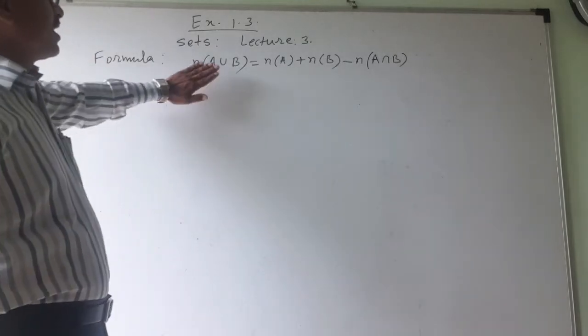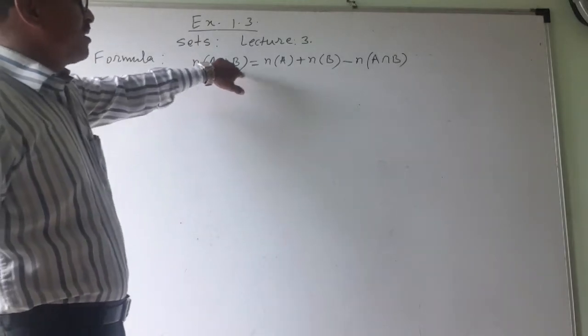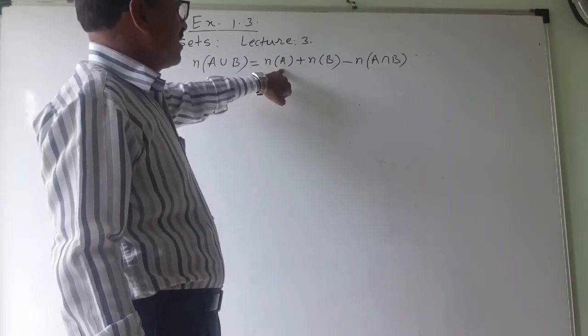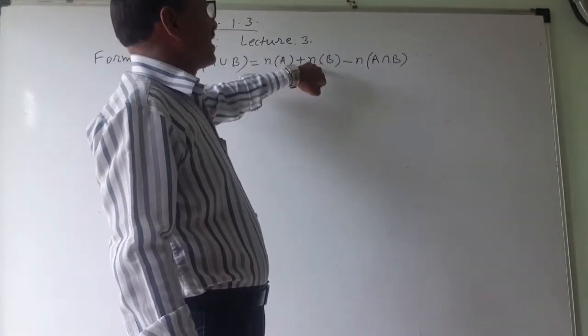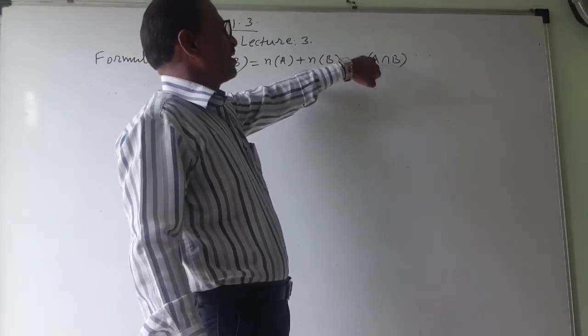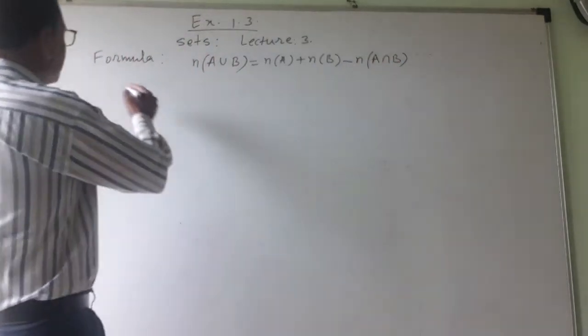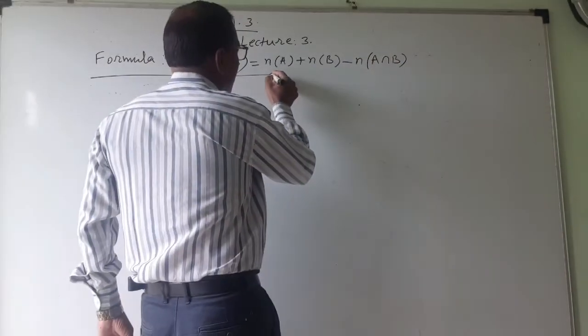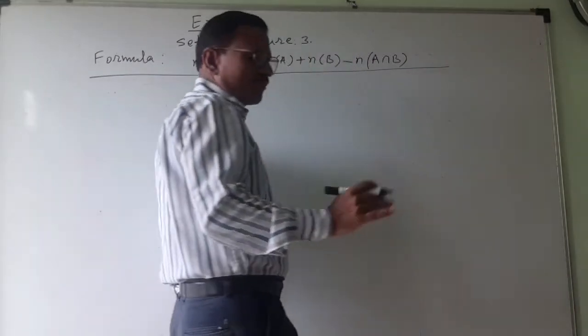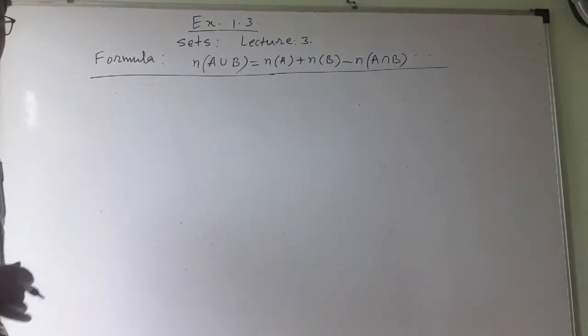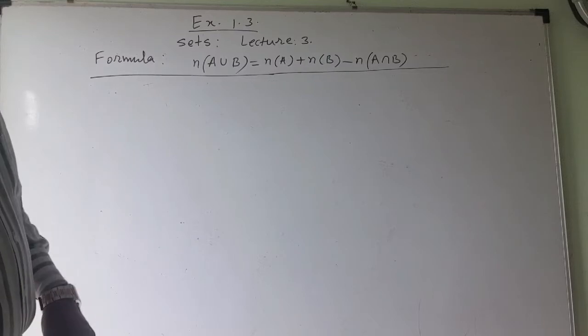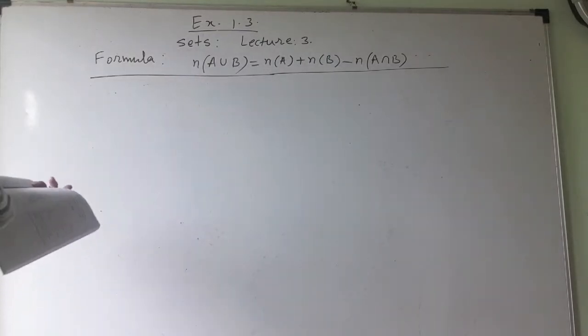This is the number of elements in A union B, number of elements in set A, plus number of elements in set B, minus number of elements in the intersection of A and B. This formula is essential, and on this one question of 3 or 4 marks definitely comes.